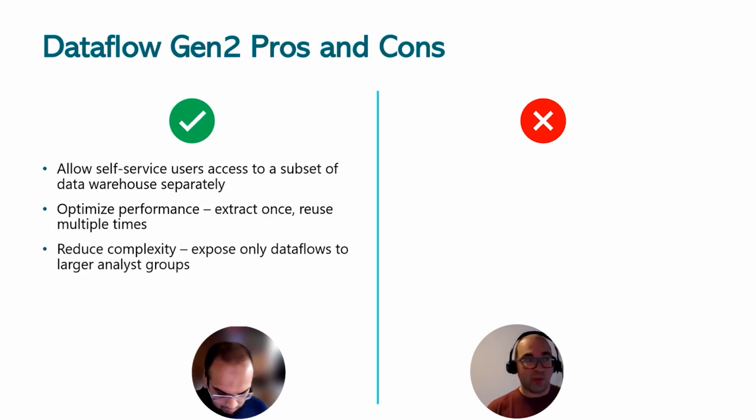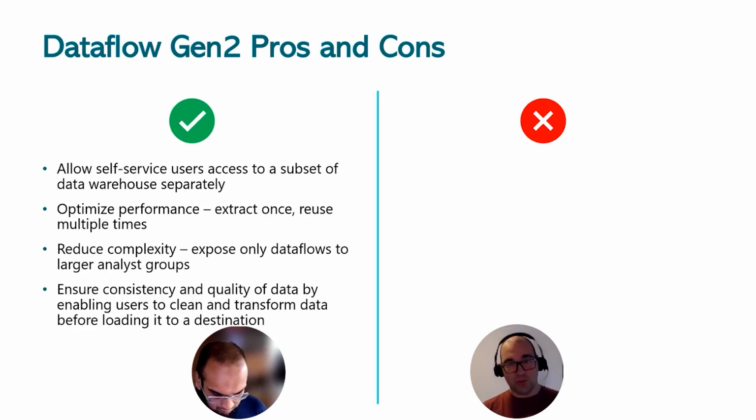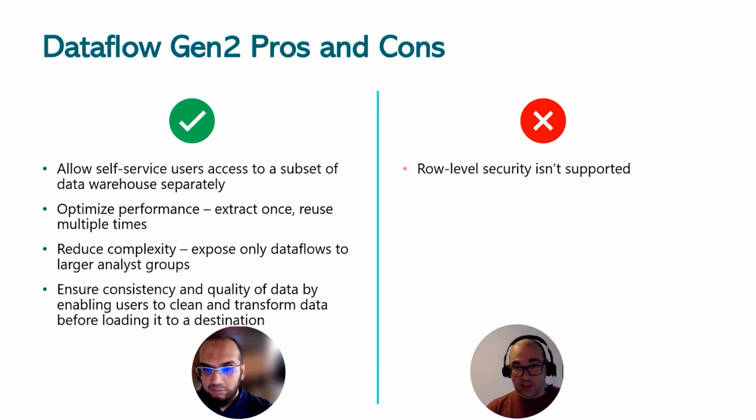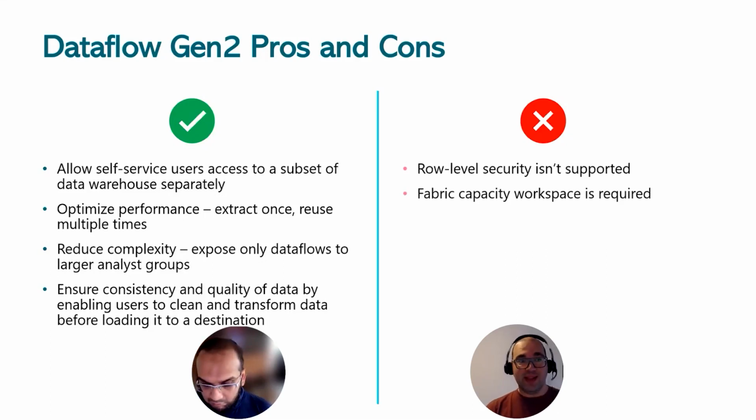It also reduces complexity because it exposes just dataflows to a larger analyst group. And because you clean and transform the data within the dataflow, usually this data has a higher level of quality. Currently, row level security is not supported and you need Fabric capacity. So if you're not on Fabric capacity, Dataflows Gen2 is not an option.